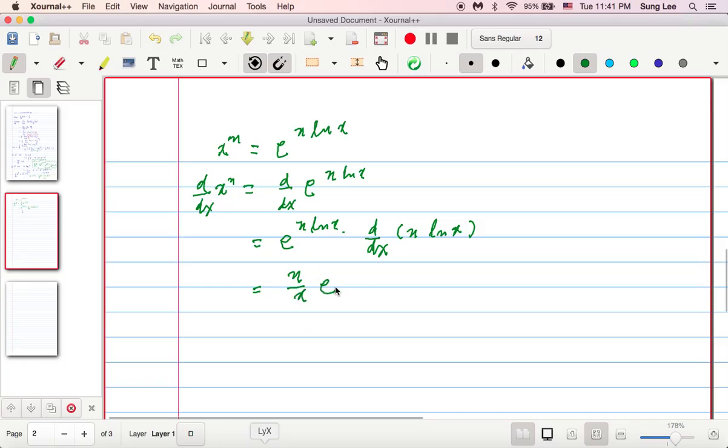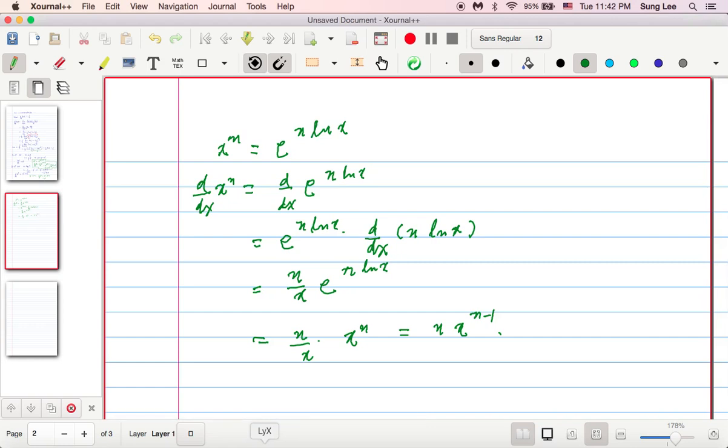And then we have e to the n times ln x, which is nothing other than x to the power n. So we have n over x times x to the power n, which equals n times x to the n minus 1. So this completes the proof.